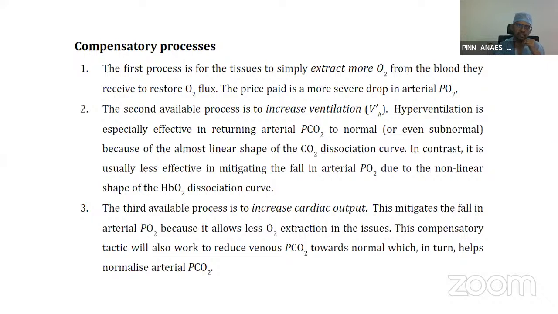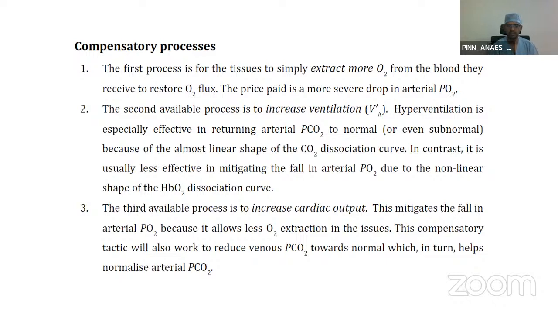So hypoxemia. What is hypoxemia? Hypoxemia is decreased oxygen tension in the arterial blood. Whenever the body encounters hypoxemia, it has compensatory processes. To overcome this hypoxemia, the first process is that tissues simply extract more oxygen from the blood to restore oxygen flux.